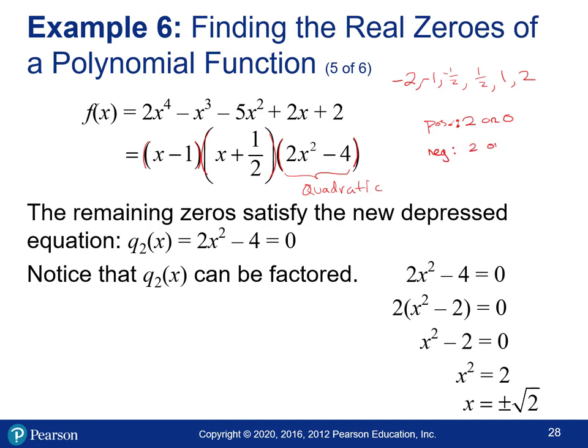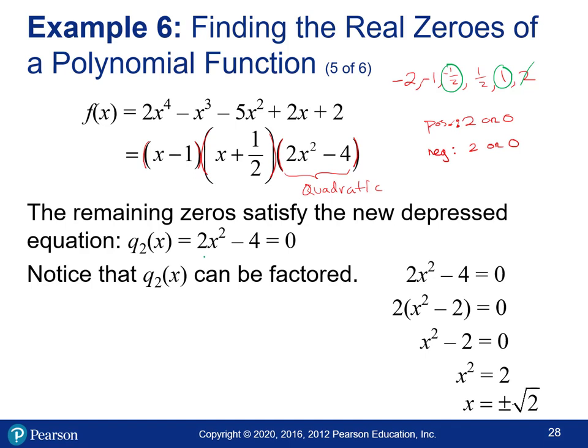From our list, we know that 1 was one of the positive numbers, and then we tried 2, it didn't work. And then we tried negative 1/2, that also worked. So we know that we had to have 2 positive and 2 negative real zeros at this point, because we had 1 of each so far.